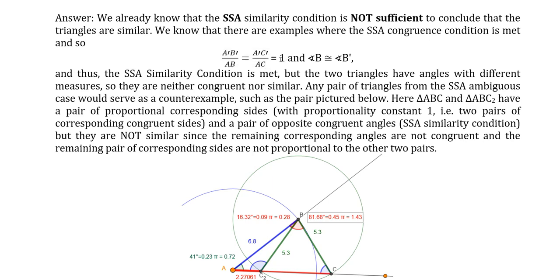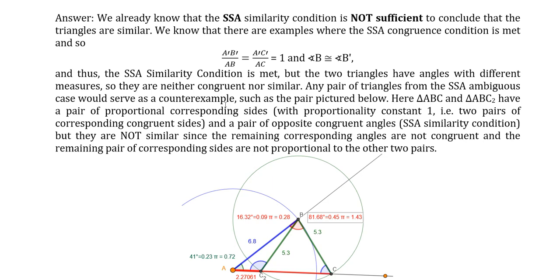So they're proportional with ratio 1. In other words, A'B' equals AB. We've got corresponding congruent sides there, and angle B is congruent to angle B'. So it meets the SSA condition.